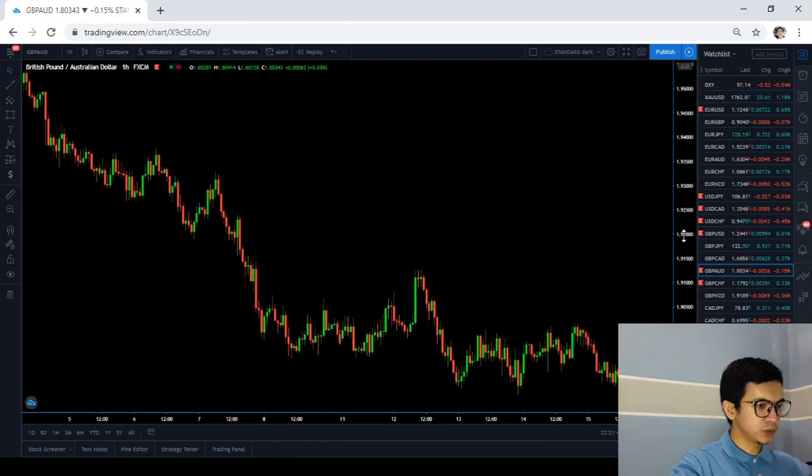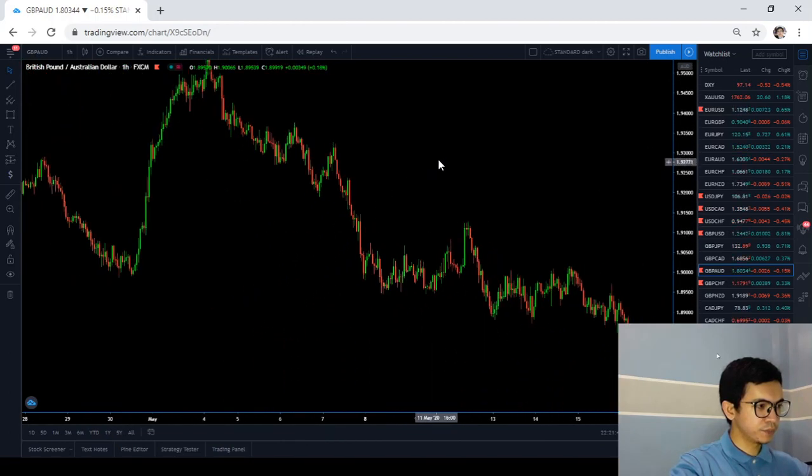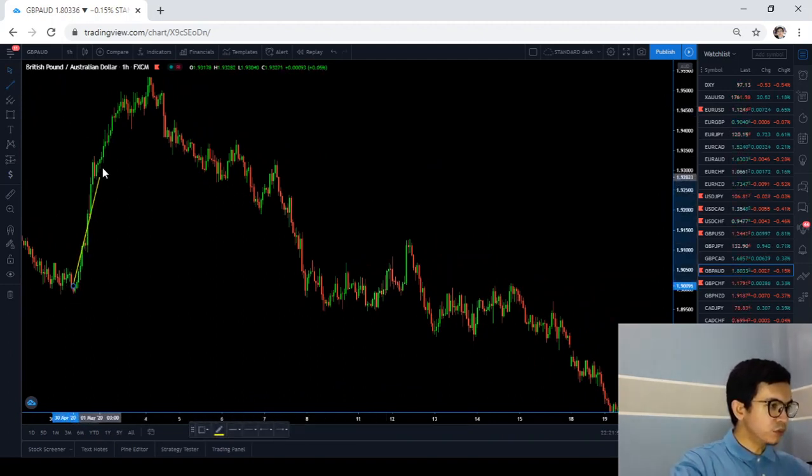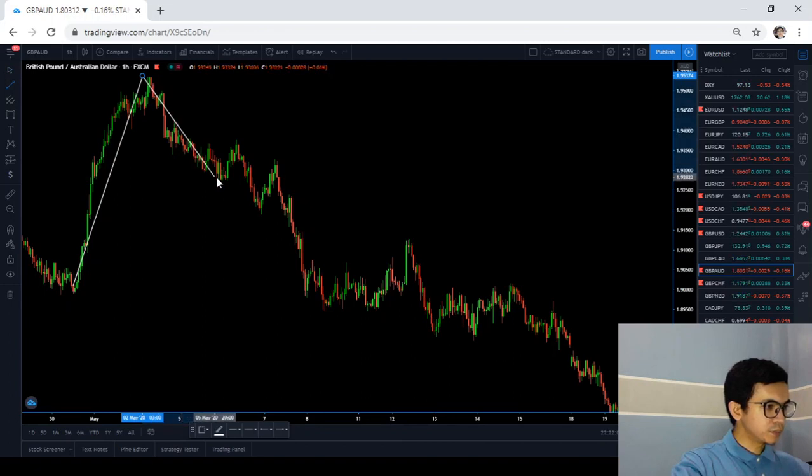Kunin muna natin yung ating market structure. Okay? So, what happened to the price? I-analyze natin. The price moved up and then moved down, corrected or retracement, and then what?